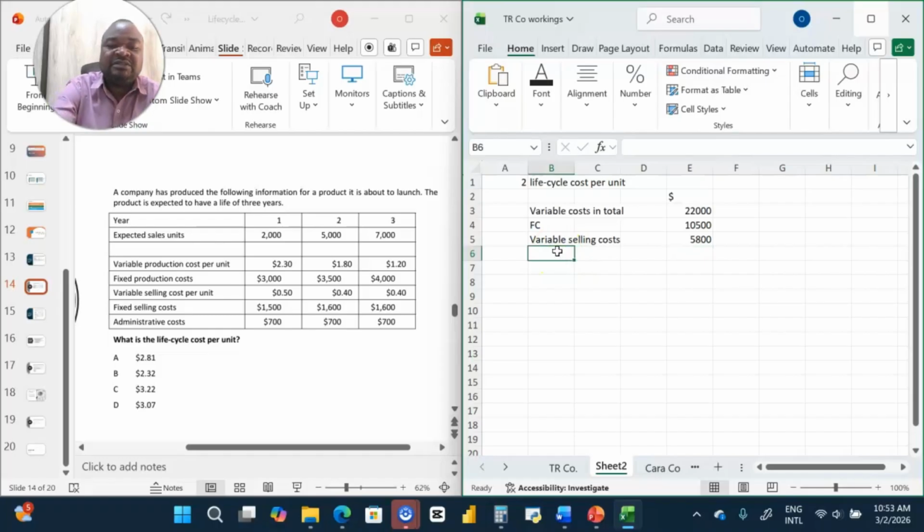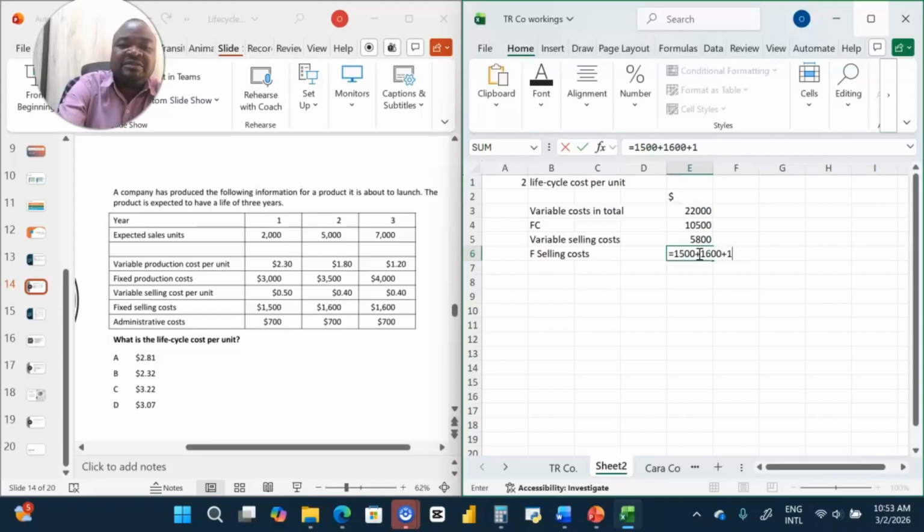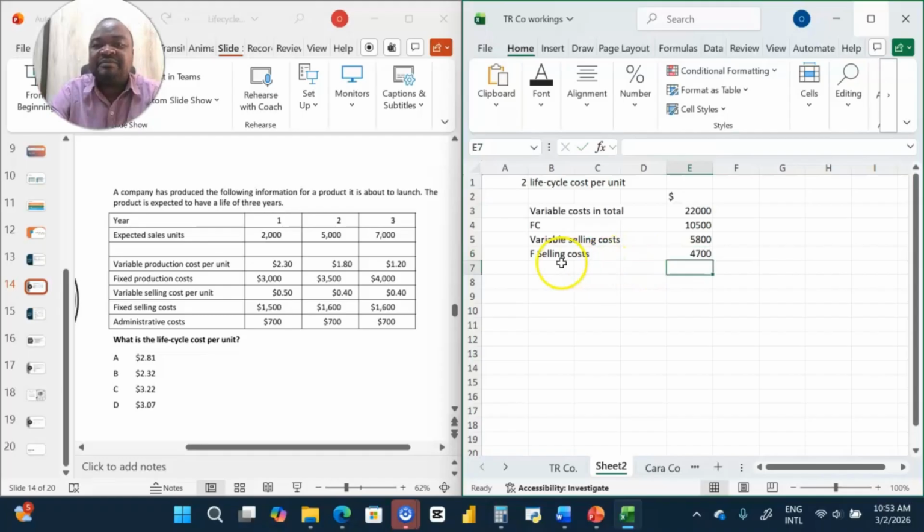Fixed selling costs. These ones are in total, so that's 1,500 plus 1,600 plus 1,600 again, press enter.